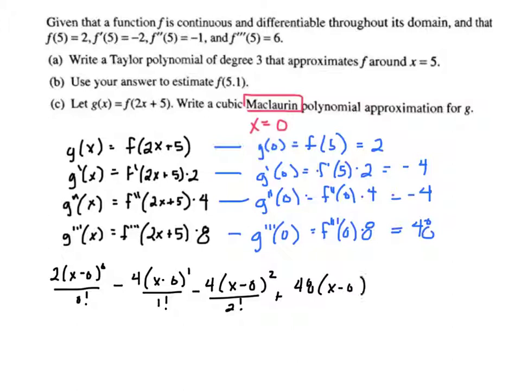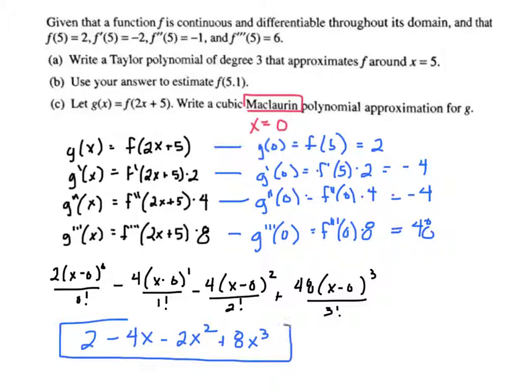And I know you wouldn't really need to put the x minus 0. I just usually put it to remain consistent and make it look like a Taylor. But you wouldn't really need to do that. So we're going to get 2 minus 4x minus 2x squared plus 8x cubed. And that is our Maclaurin series for g.